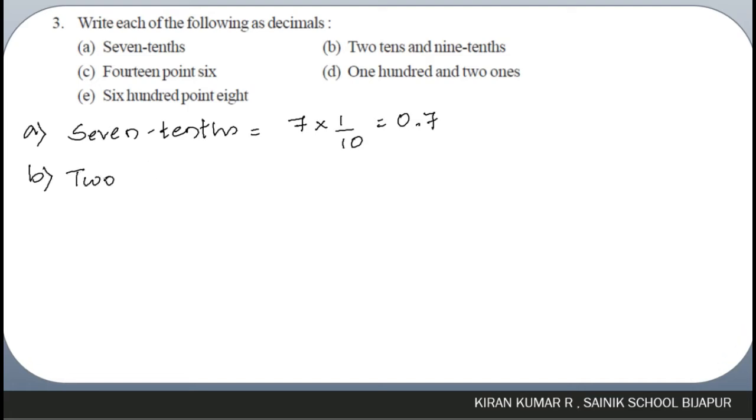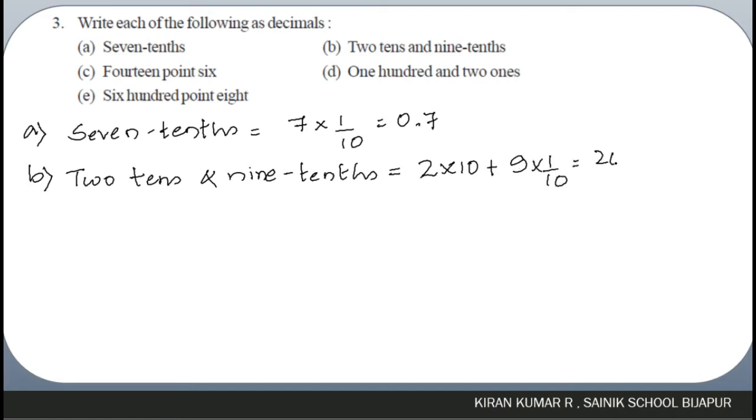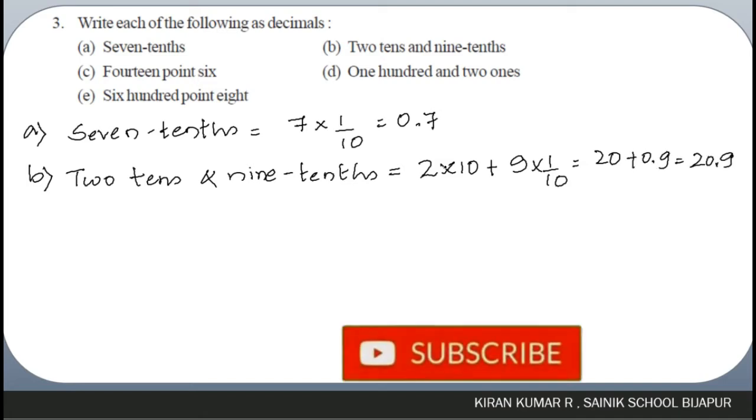B. 2 tens and 9 tenths. So it is 2 multiplied by 10 plus 9 multiplied by 1 by 10. It is nothing but 20 added to 0.9, which is 20.9.